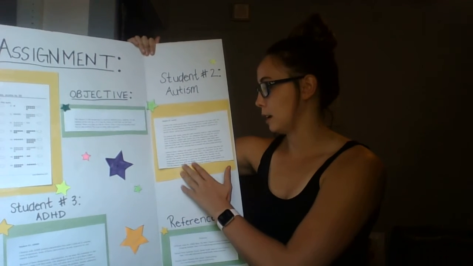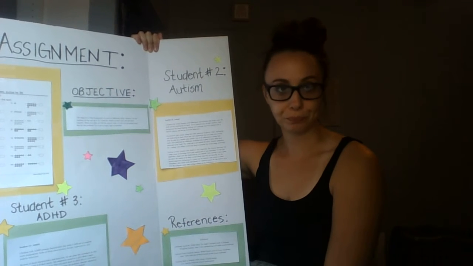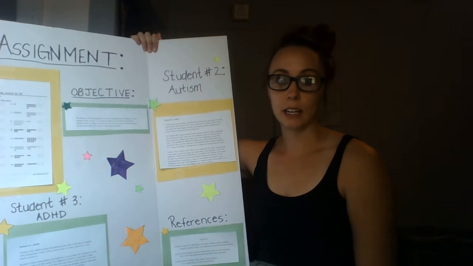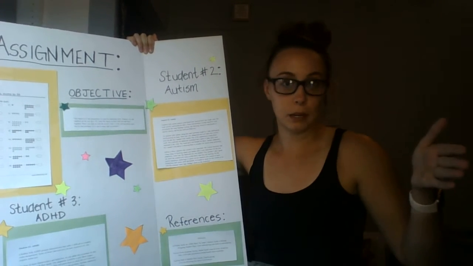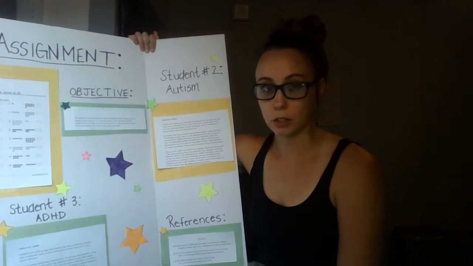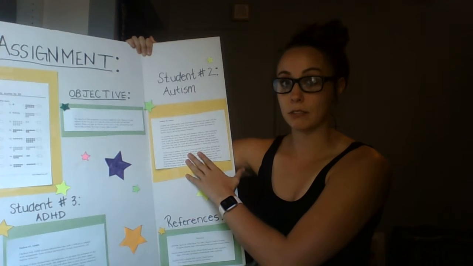And this is really an important piece for students with autism because the spectrum is so large. Kids can be very severe on the spectrum, or they could be not too severe on the spectrum. So really getting to know your students with autism is very important.